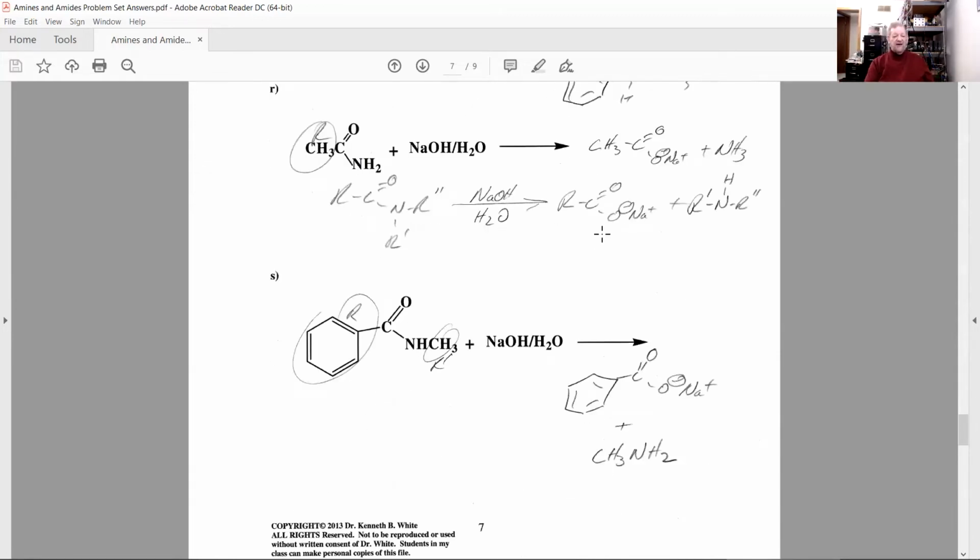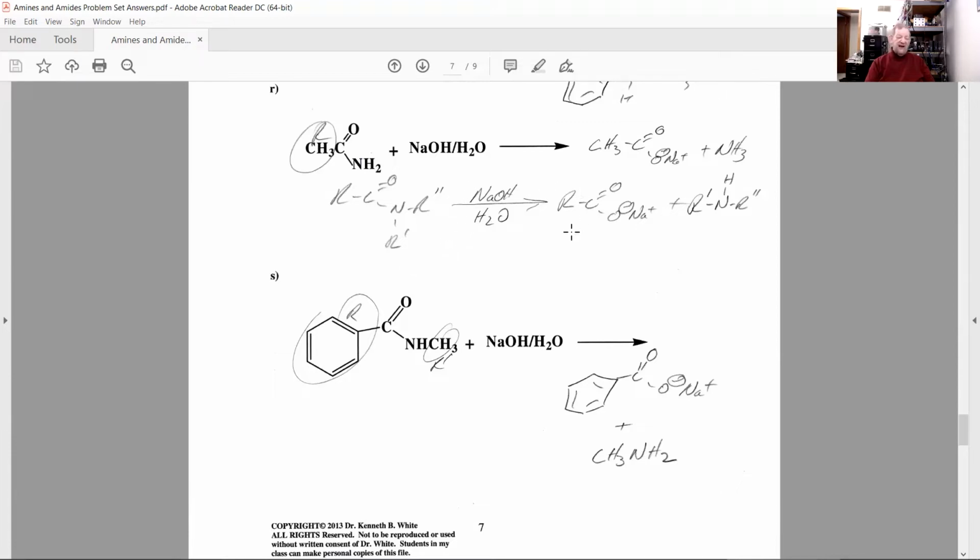Now, if we look at R and S, and I got lazy again, remember R prime and R double prime, one, both, or none can be hydrogen, reacting with sodium hydroxide and water. And for this reaction, for this class, I'll stick to sodium hydroxide. It's a base. And this is base hydrolysis of an amide.